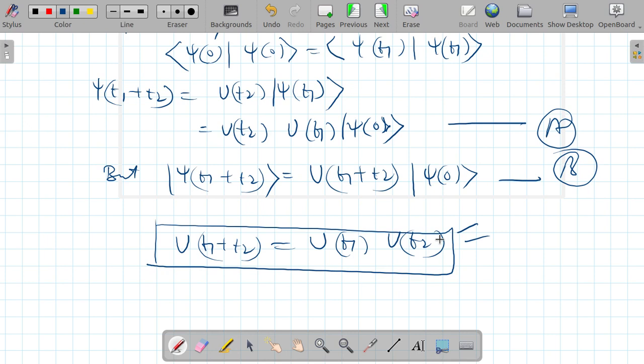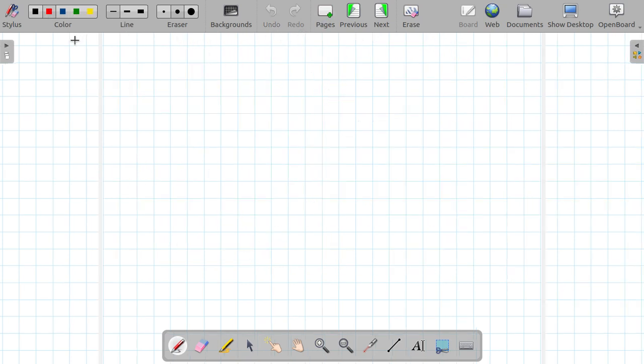Then next is the exponential form of a unitary operator.